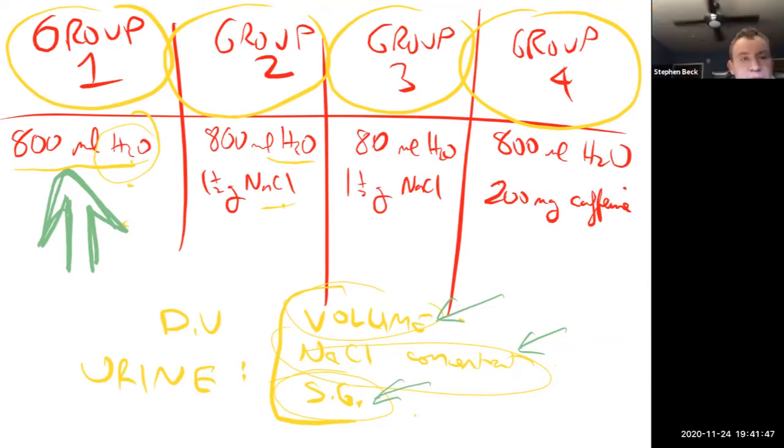I think they'll have the second highest volume after caffeine, because caffeine's a diuretic and they're not taking any salt, so there's not going to be any reclamation of water. Yeah, but you're going to have to let go of a lot of water to maintain the balance.